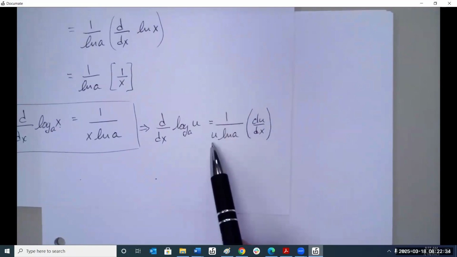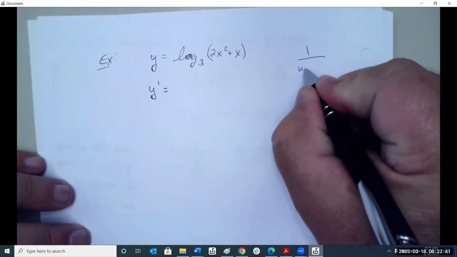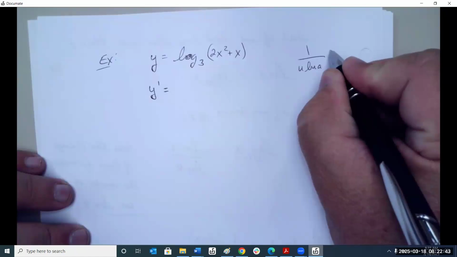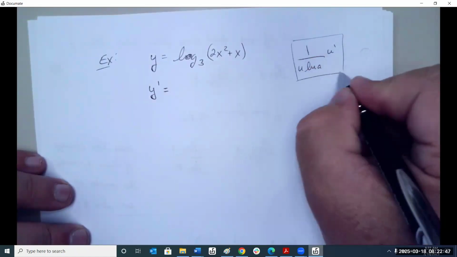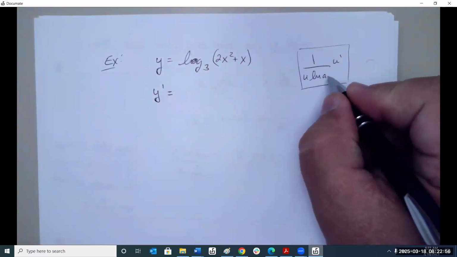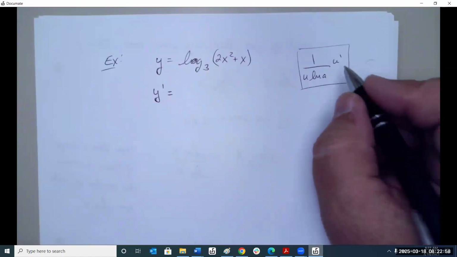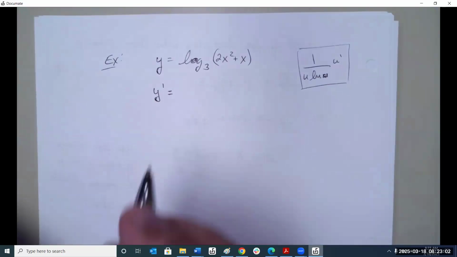Remember, we'll have to use this formula here: 1 over u times ln A times du dx. Well, it's not A, it's ln u.